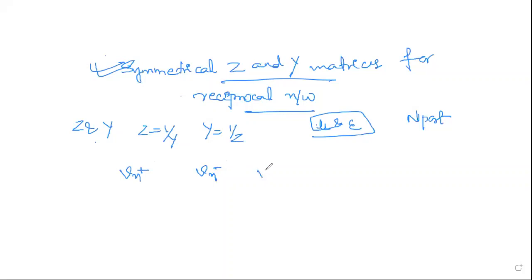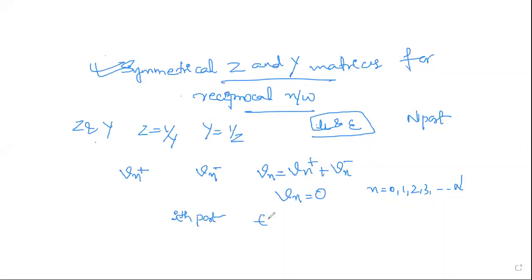So the total voltage Vn will be equal to the incident Vn plus plus your reflected Vn minus, such that we are assuming the total voltage across the n-port network is 0, for n equal to 0, 1, 2, 3 until n, except the ith port or the jth port, where the electric field of the ith port will be Ei, and the magnetic field of the ith port is Hi.